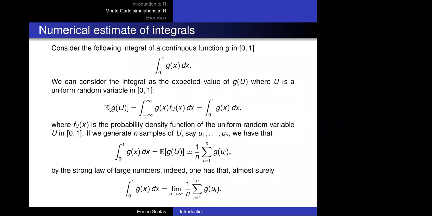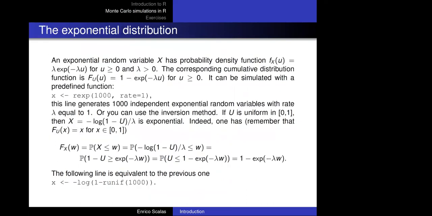So we had seen how to compute the integral with Monte Carlo simulation. And now we go to the inversion method or transformation method, illustrating it for the exponential distribution.